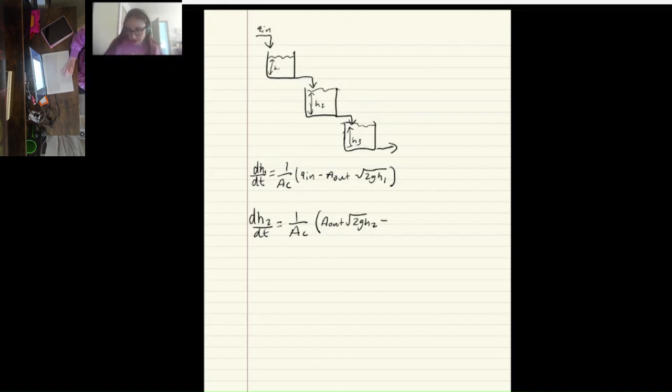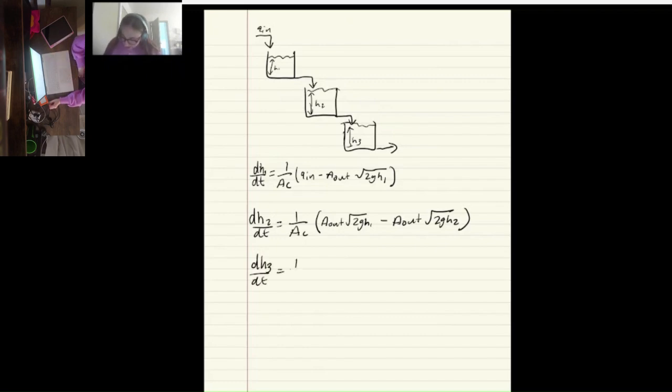Sorry, this should be 1, 2 is the next one. This is the height of the first tank. And then we subtract the flow leaving this tank, A out times the square root of 2gH2.